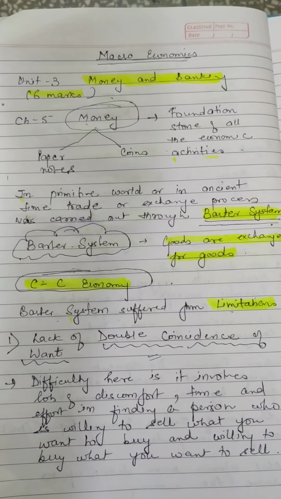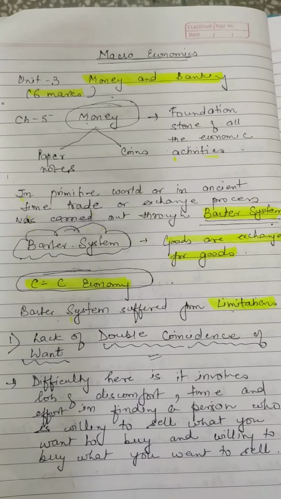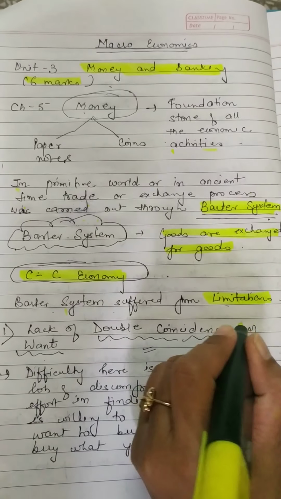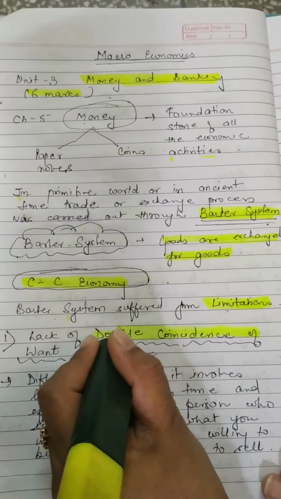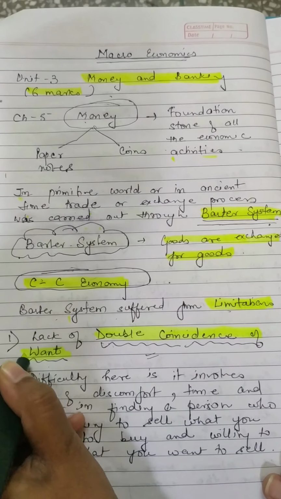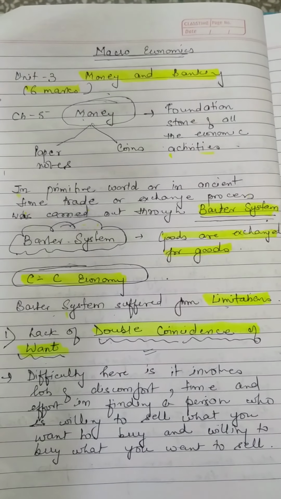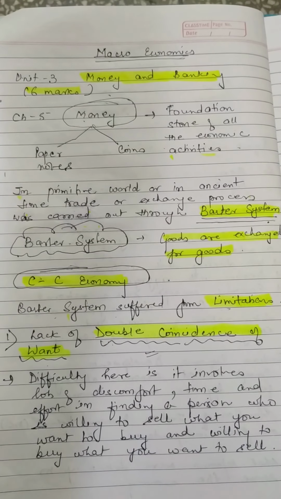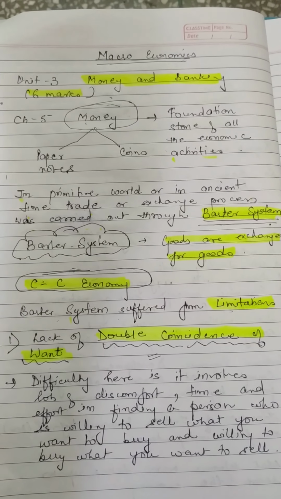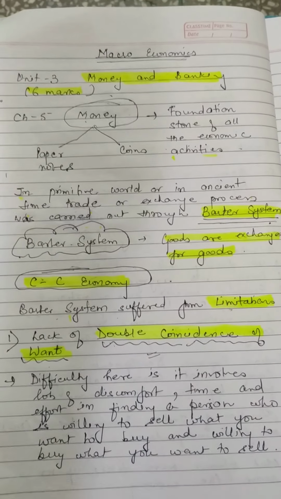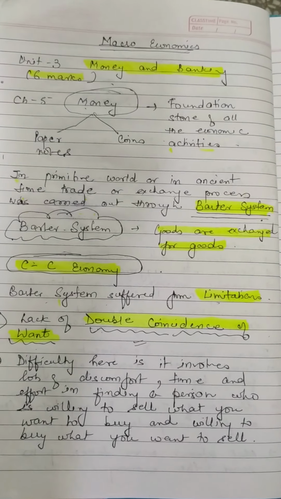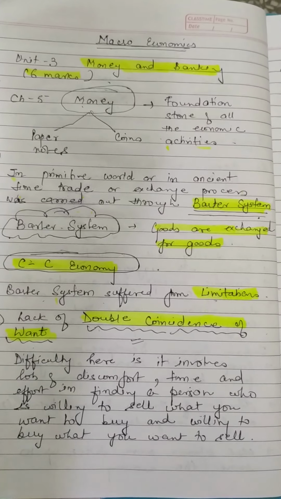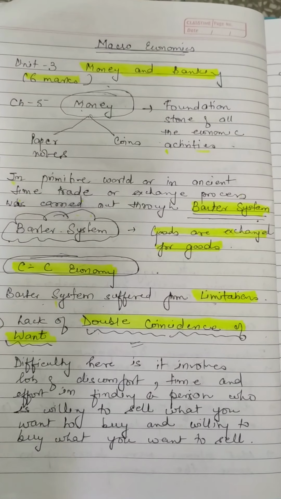Here the first limitation is lack of double coincidence of want. So initially we need to understand what is double coincidence of want. Double coincidence of want means simultaneous fulfillment of mutual wants of buyers and sellers. For example, the want for clothing by a farmer must coincide with the want of a weaver for wheat.